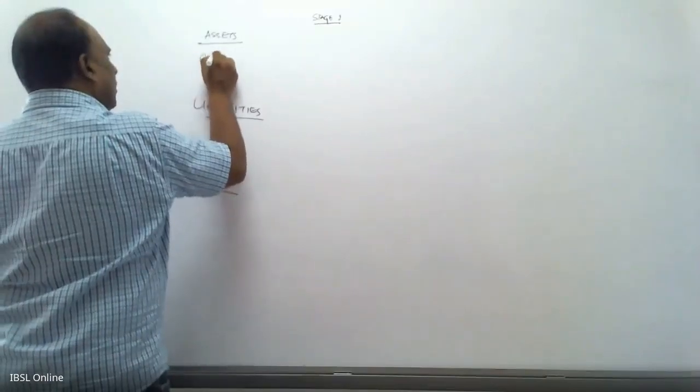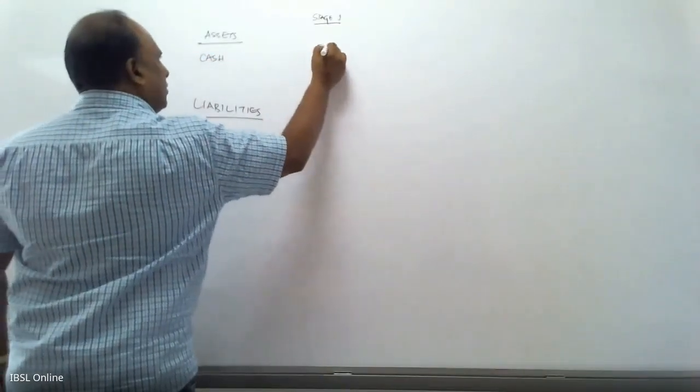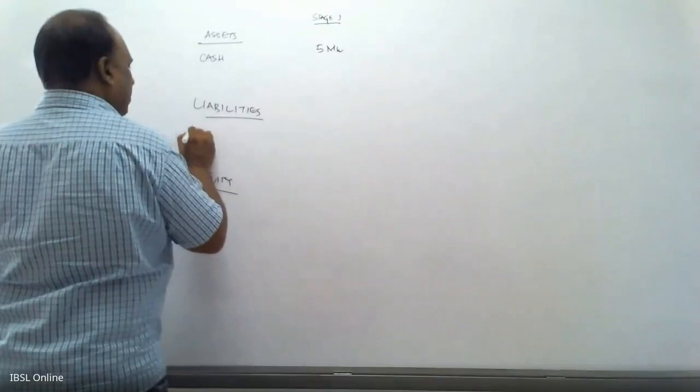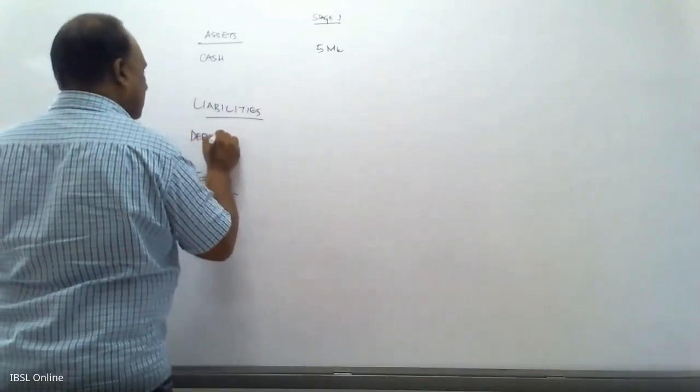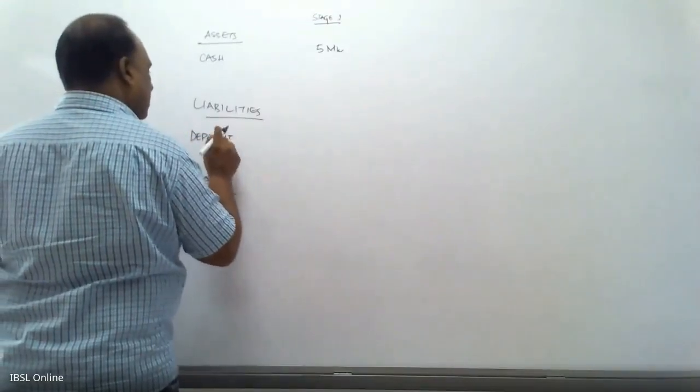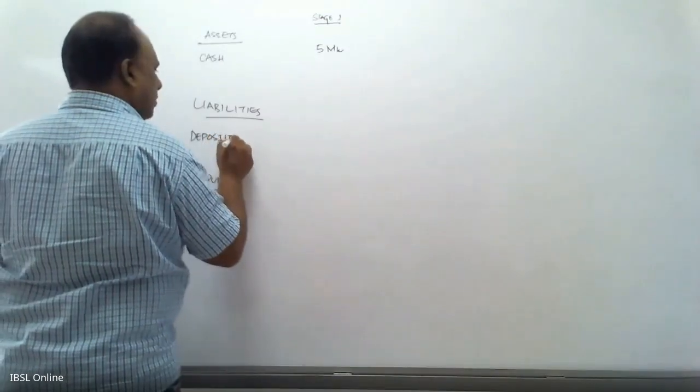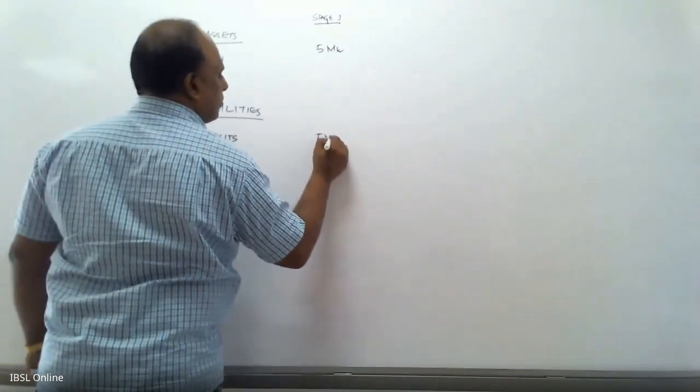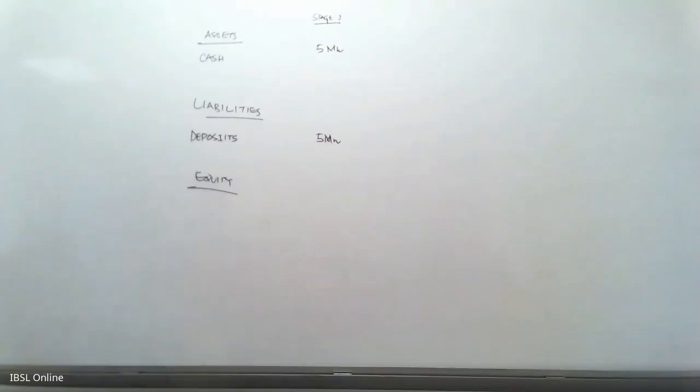So you have cash, 5 million, and you show deposits. Simple as that.